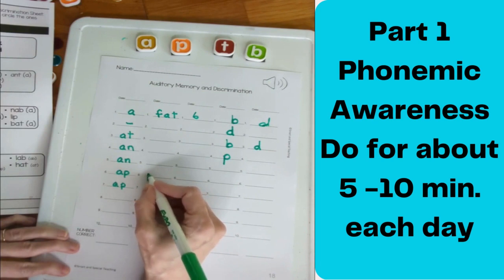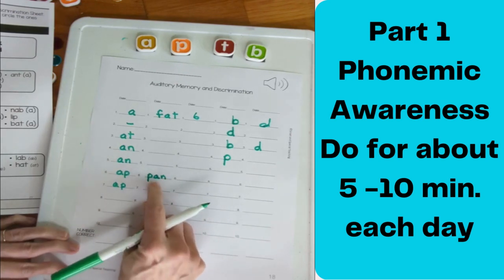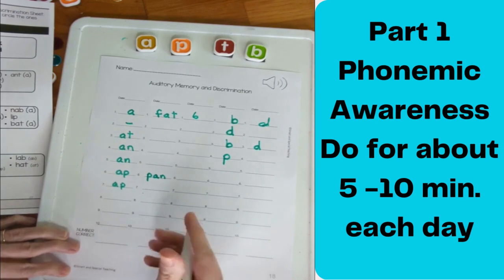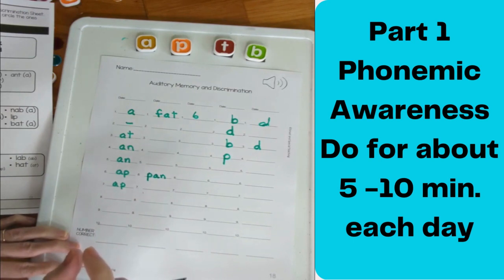If they're doing puh, ah, nuh, it makes it really hard to blend back together again. Pan. Okay, so we want to make it clear and crisp. If you have to add just a tiny bit of something, I try not to do anything, but if you have to, just a little bit, but you don't want that on there.